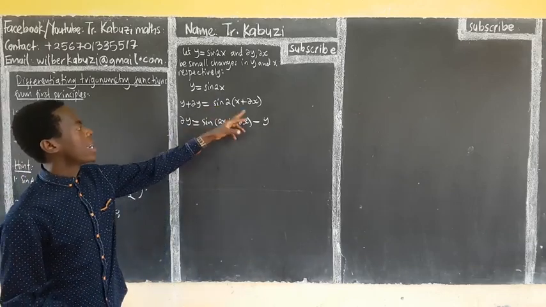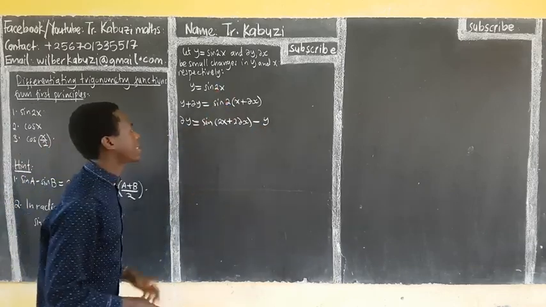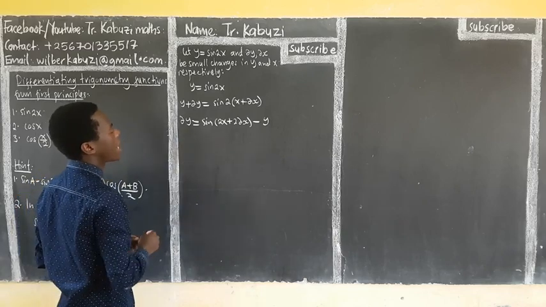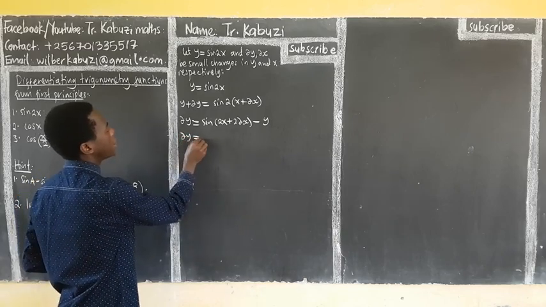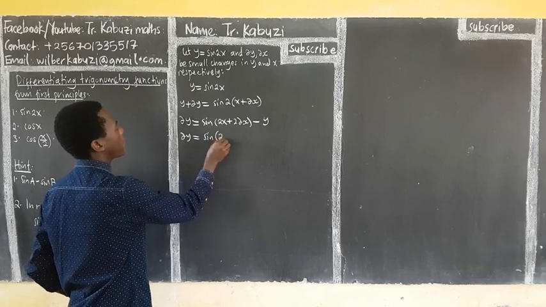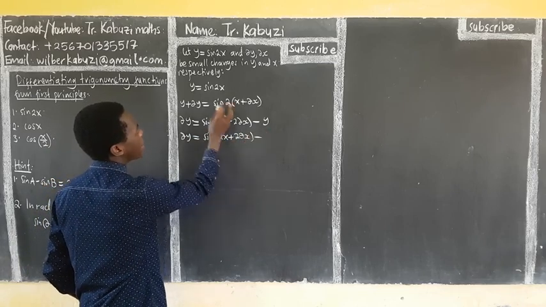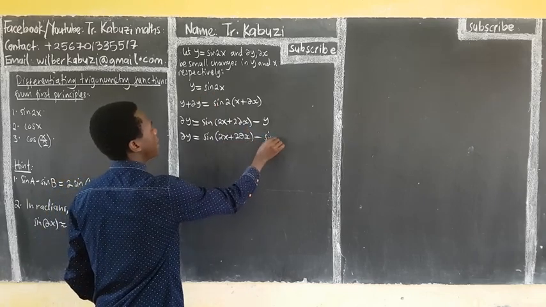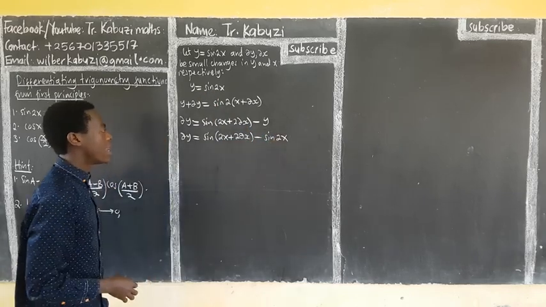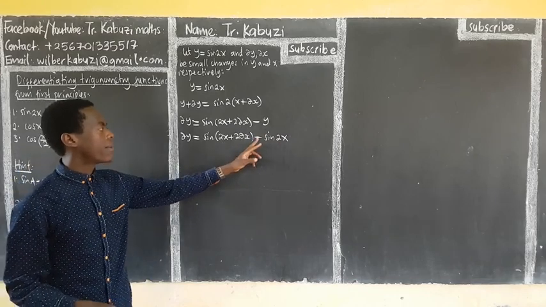But I know what my y is: my y is sine 2x. So now my delta y is sine of 2x plus 2 delta x, then minus sine 2x.